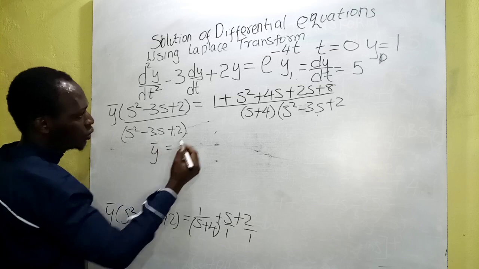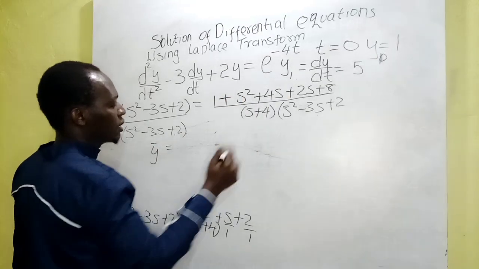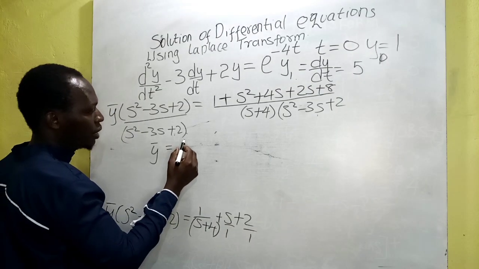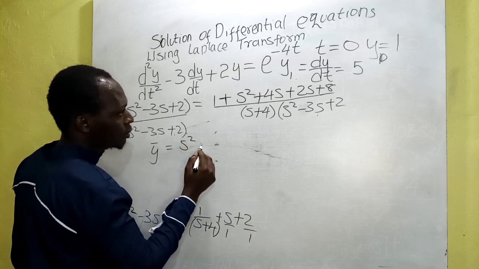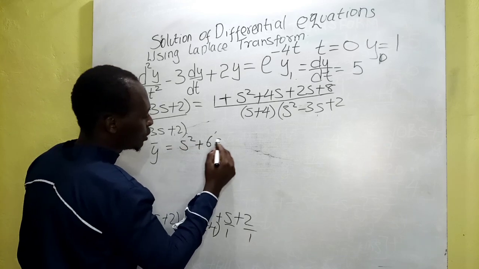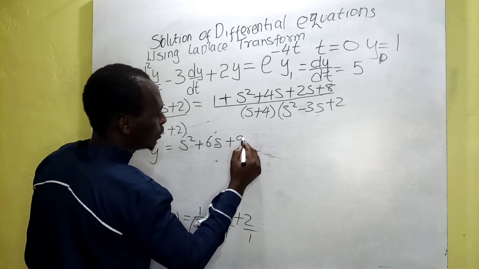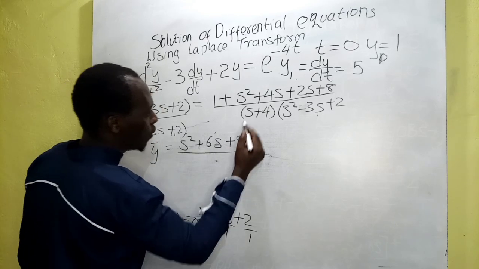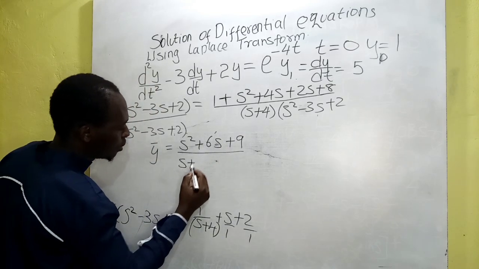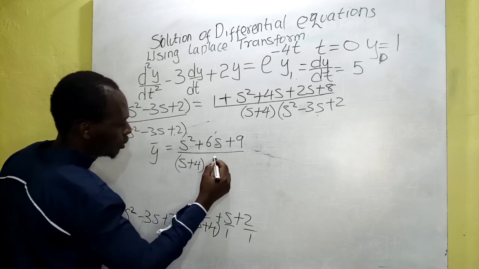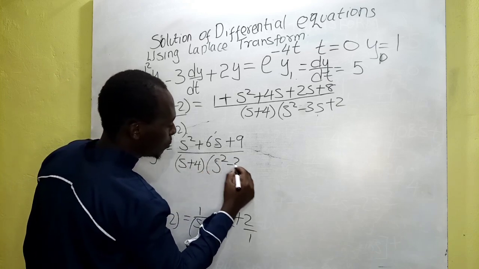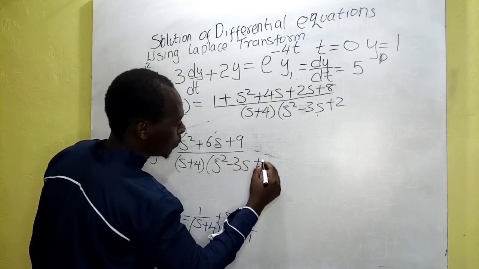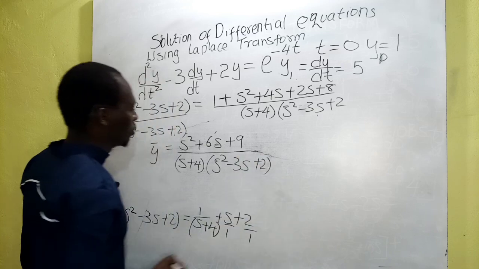Y bar now is going to be equal to, we can simplify everything in our numerator, and now we will have s squared, we add 6s, we add 9, all over s plus 4 into s squared, we subtract 3s, we add 2.